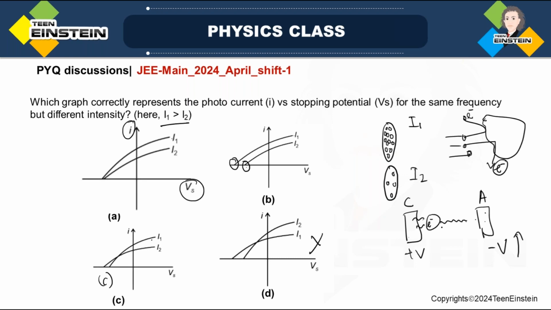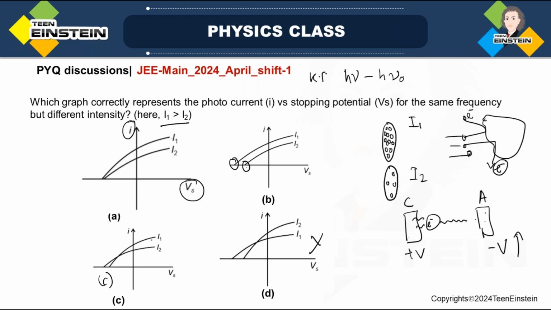See, the kinetic energy the electrons will have depends on the excess energy. I have incident photon energy h nu, I have threshold frequency nu 0, or the work function energy is h nu 0, then I have excess energy.